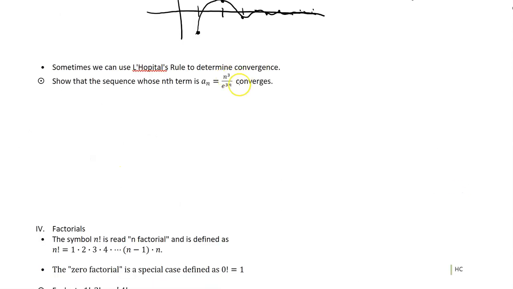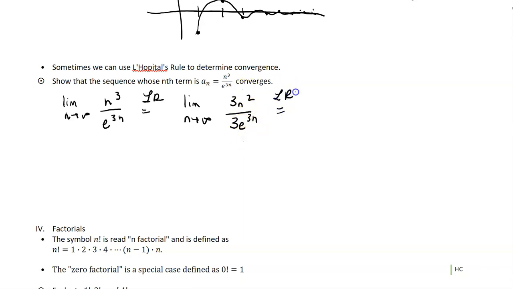And like we saw a minute ago, sometimes we do need L'Hopital's rule. So the limit, for example, as n approaches infinity of n cubed divided by e to the 3n, I'm going to use L'Hopital's rule because this would give me infinity and this would give me infinity. So this would be the limit as n approaches infinity of 3n squared divided by 3 e to the 3n. Again, I get infinity over infinity, so we'll use L'Hopital's rule again.